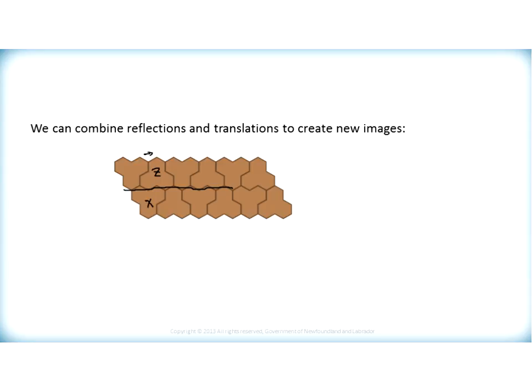Now to get from object Z to, for instance, I'm going to call this one W, I'm going to translate downwards and to the right. And so now I have enough to be able to draw the entire shape. X can translate up to here, and it can also translate straight across to here.